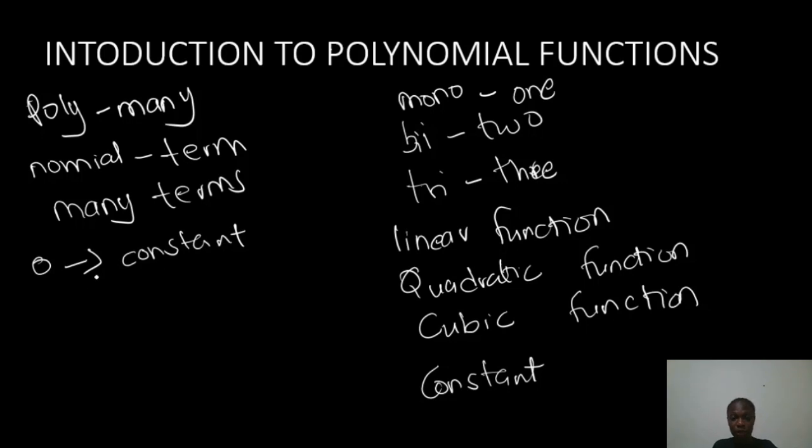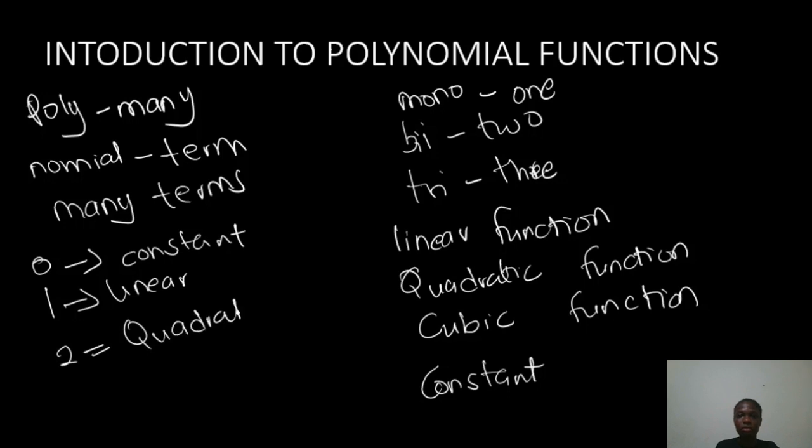If the highest degree of the independent term is 1, that is the linear function. If the highest degree is 2, that is the quadratic function. Then if the highest degree of the independent term is 3, that is the cubic function.